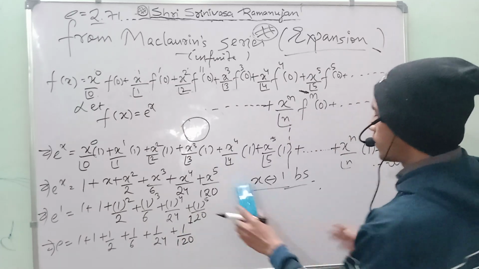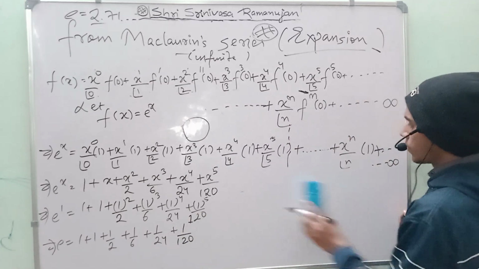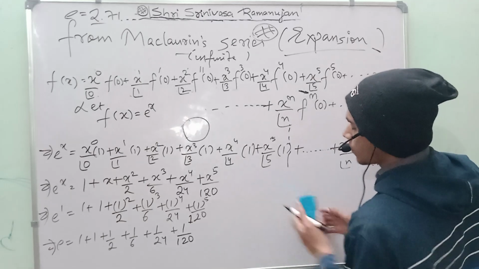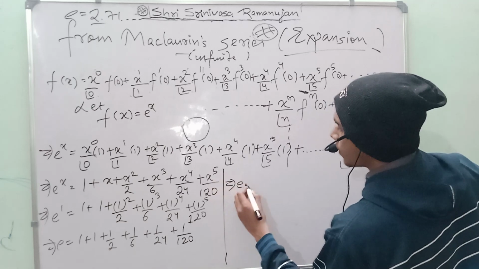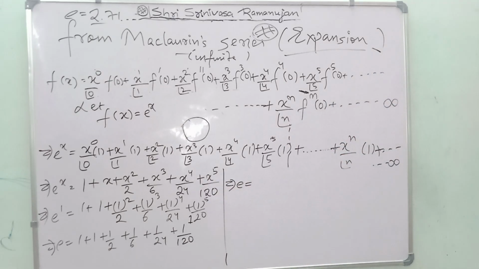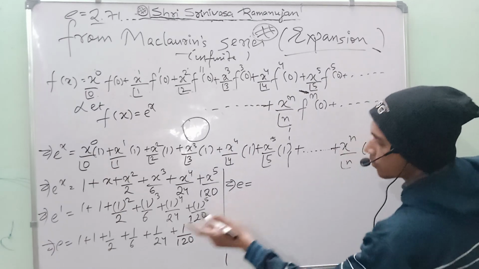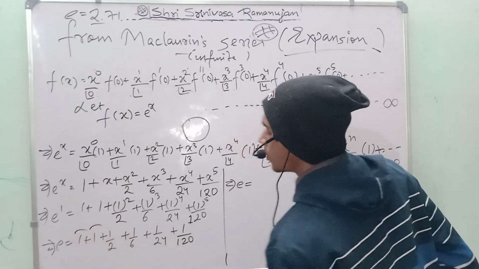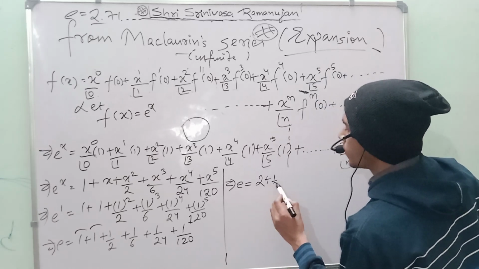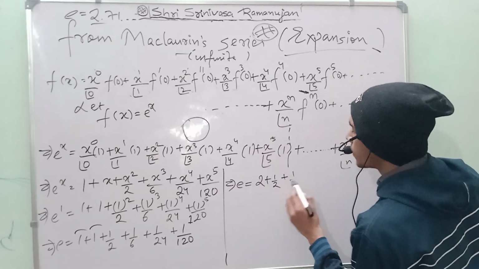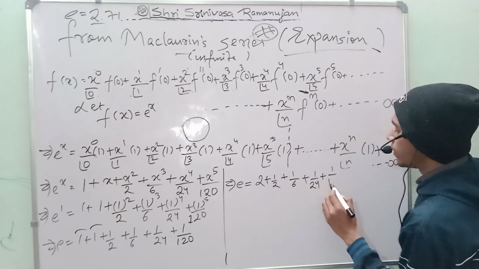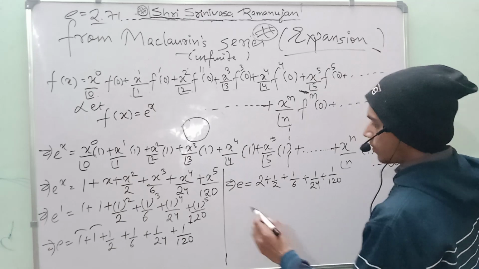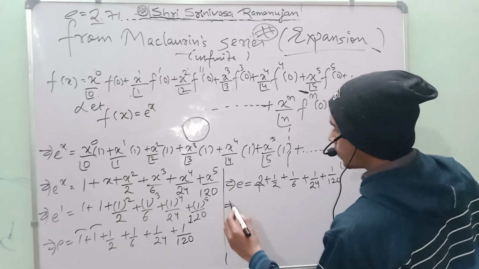First, we will solve this. If we solve the value of E, then we get: E is equal to 1 plus 1, 2, plus 1 by 2 plus 1 by 6 plus 1 by 24 plus 1 by 120. So if we solve all this, what do we get?